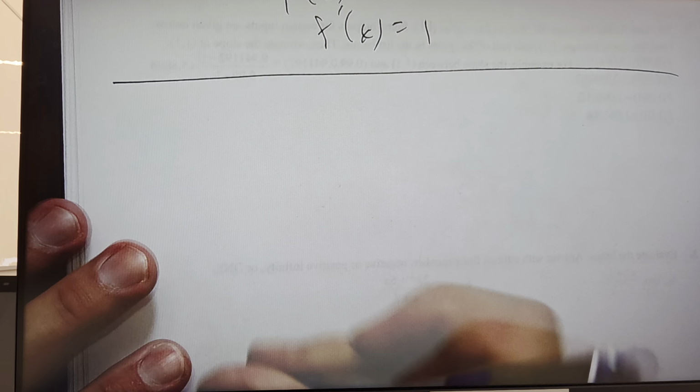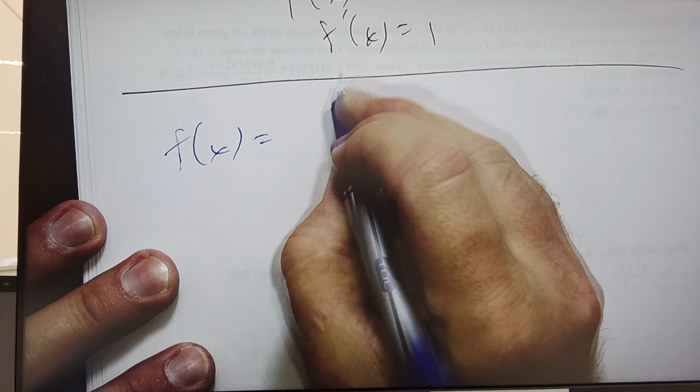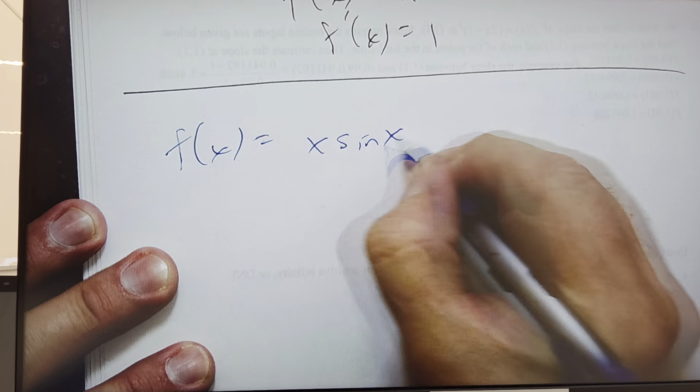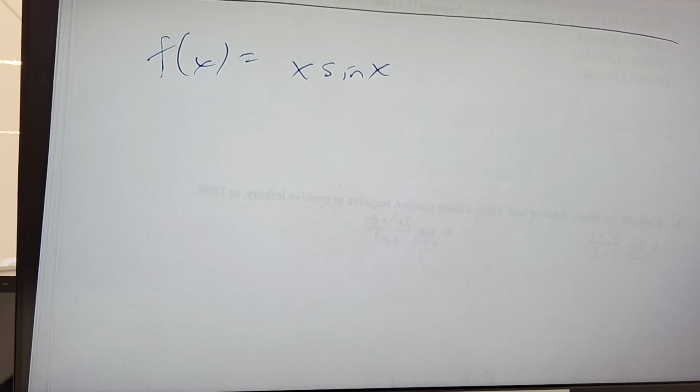What about this function here? Is that in the form of something that we know the derivative of? Do we know the derivative of sine? Yes, all day long. Do we know the derivative of x? Yes, we just did it. Do we have a rule for polynomial times trig?